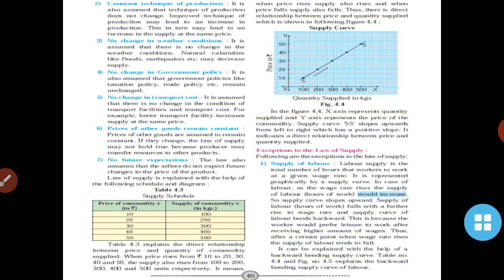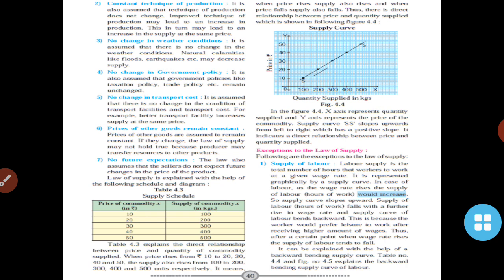So that is natural climates. Because of that, supply is also impacted, because transport gets stopped and people cannot reach there. So they are also impacting the supply more.